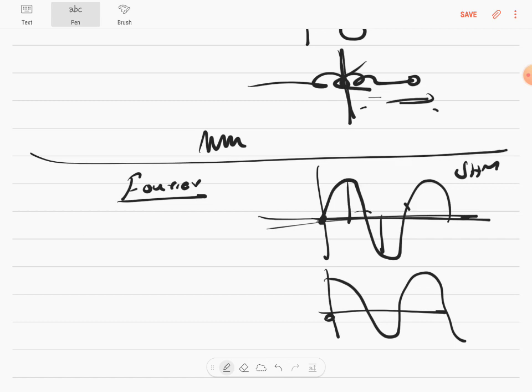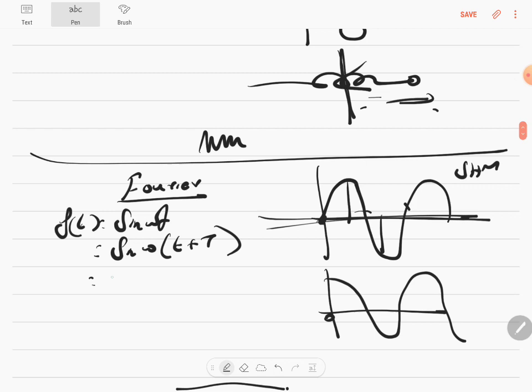If you take this function f of t, which is a sine function, sine omega t, and you want to see if it's periodic, you write sine omega into t plus capital T, and omega itself is 2 pi by capital T, into t plus capital T. Take it inside: sine of 2 pi t by capital T plus 2 pi.